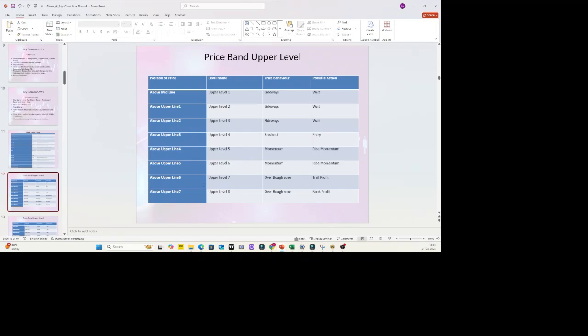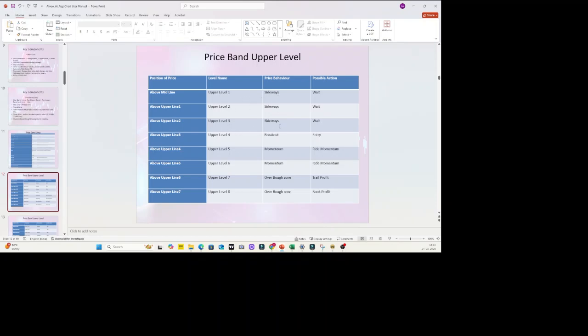Above zero, we say the level is level 1, upper level 1. When the price is above the mid, when it is above line 1, we say it is level 2, upper level 2. If we see the price behavior for both upper level 1 and level 2, it is sideways.